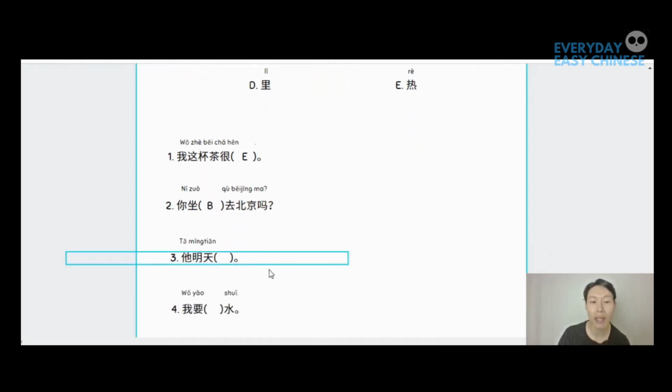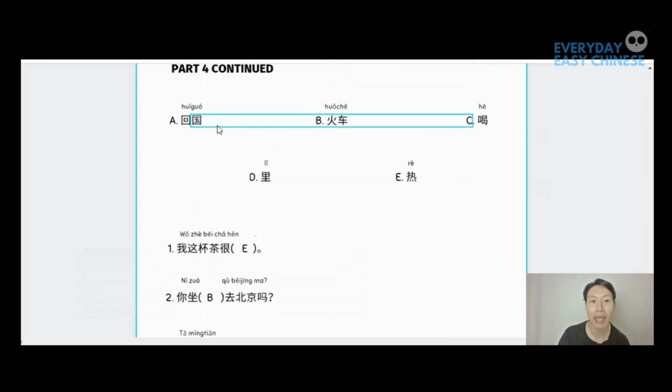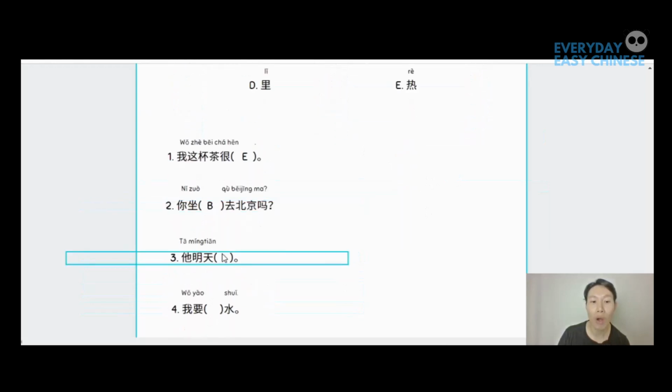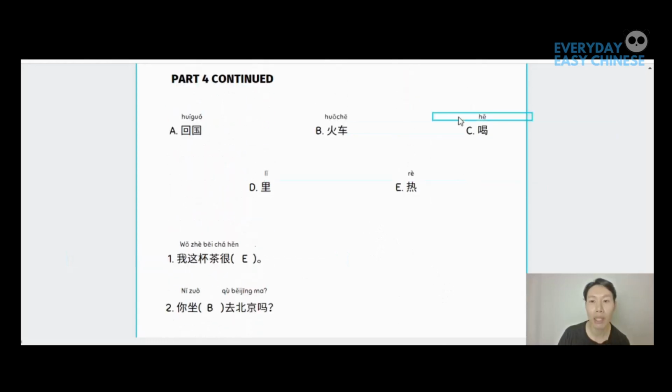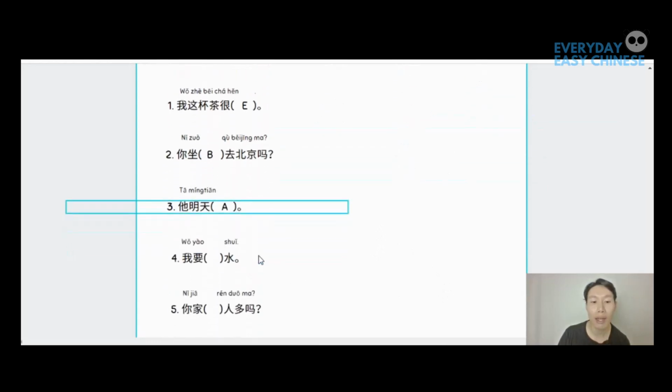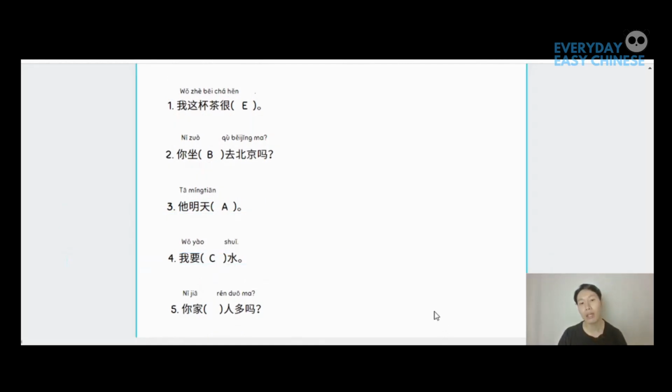Number 3. 他明天 something. 他明天回国. 回国 means to return to one's home country. Number 4. 我要水. So which word can we put here? 我要喝水.